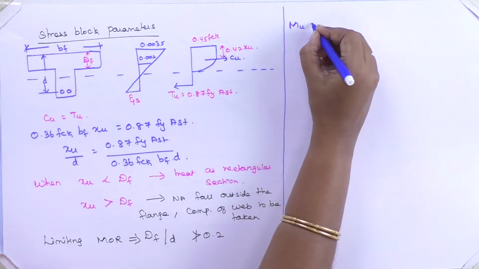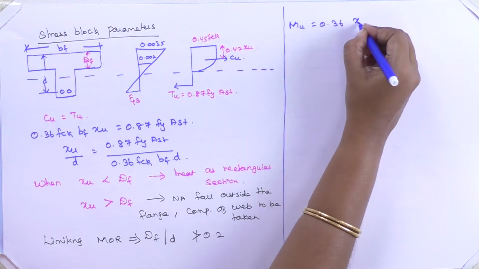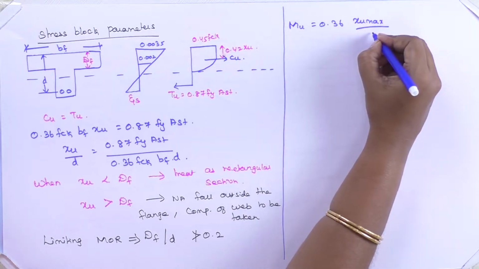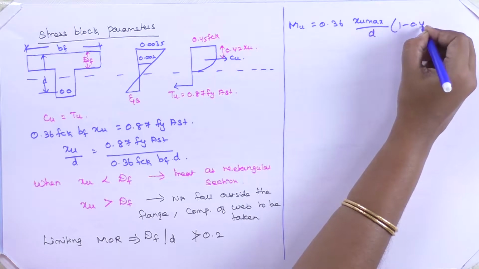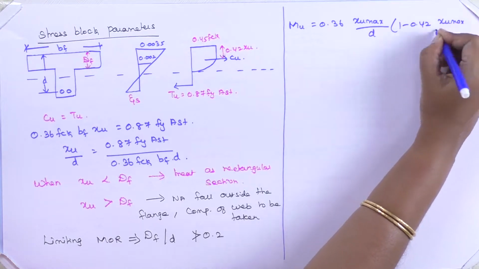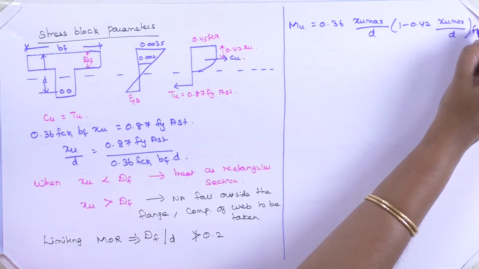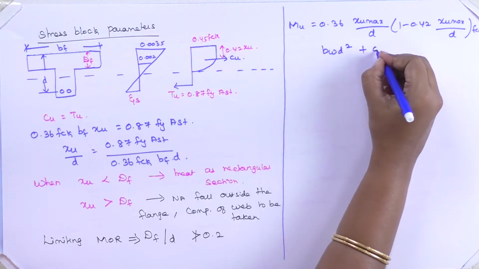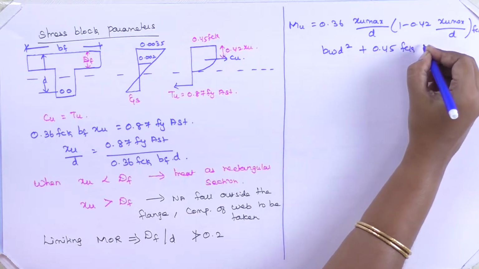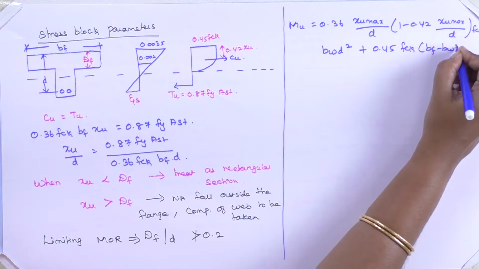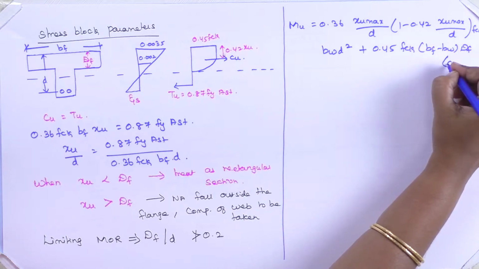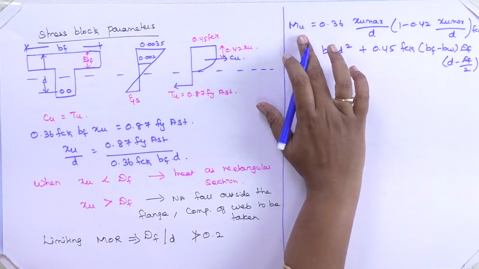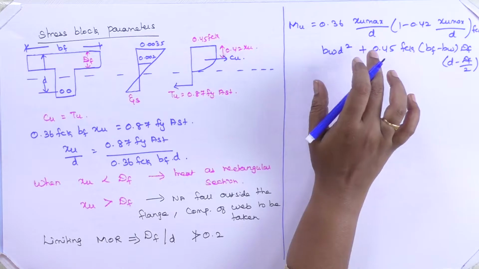Mu is equal to 0.36 XU max, this is the limiting moment of resistance for the rectangular section, into 1 minus 0.42 XU max by d, into FCK BW d square plus 0.45 FCK BF minus BW into DF into D minus DF divided by 2. This is the formula to calculate the moment of resistance for the limiting section.